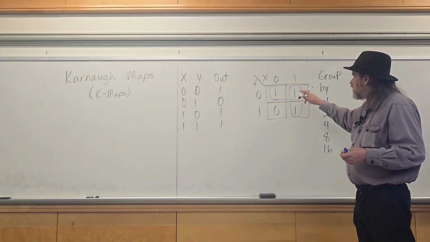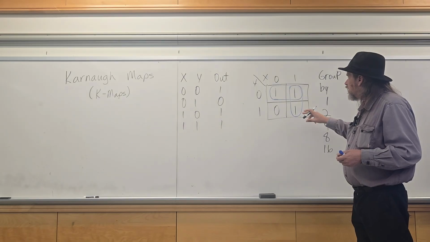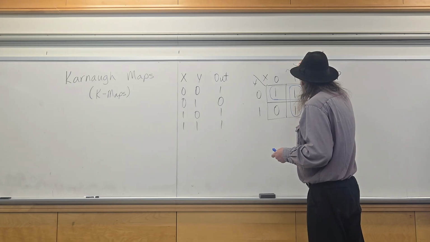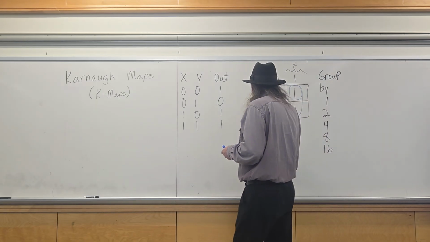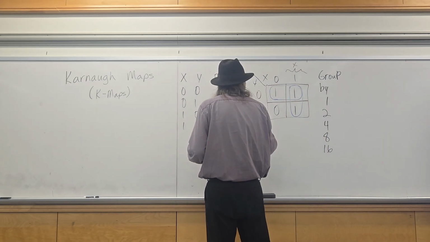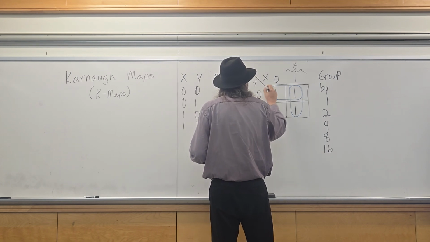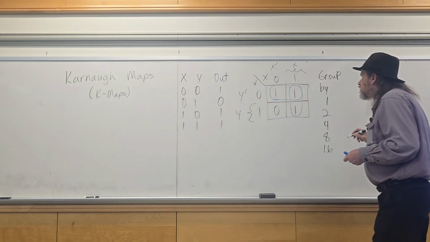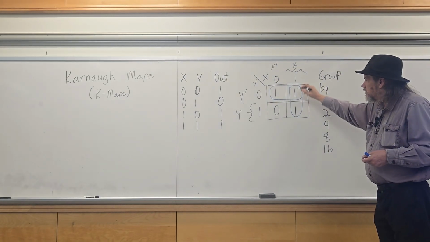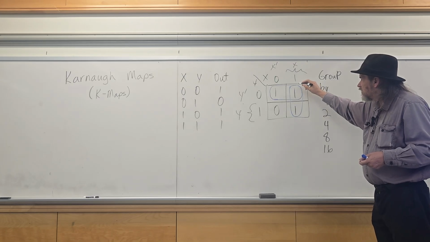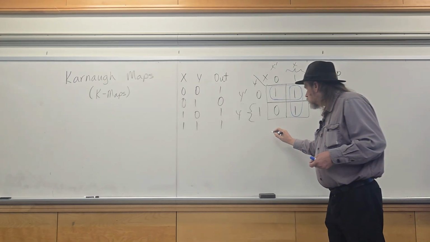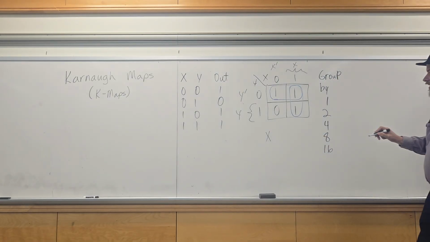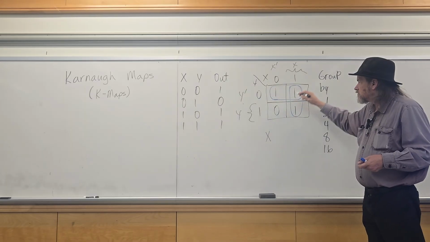So in this case, this is X, and this is Y. This is Y prime. This is X prime. So this is just X, because the Y doesn't matter.